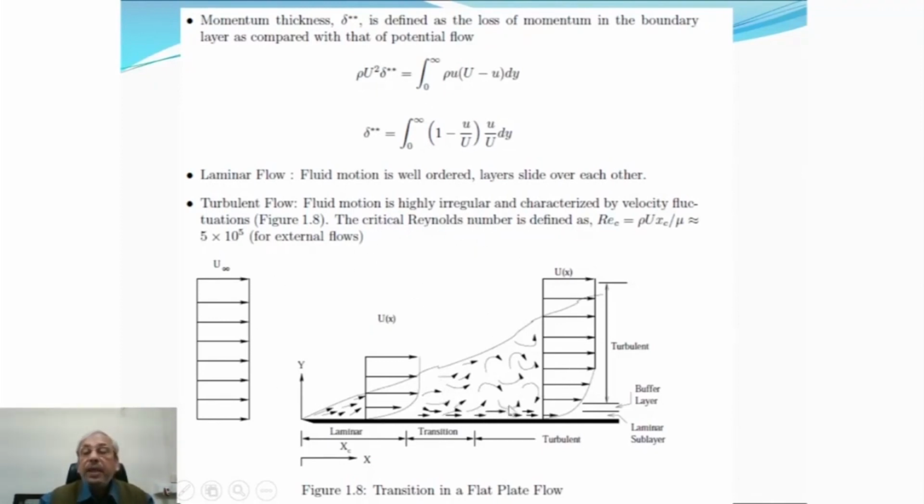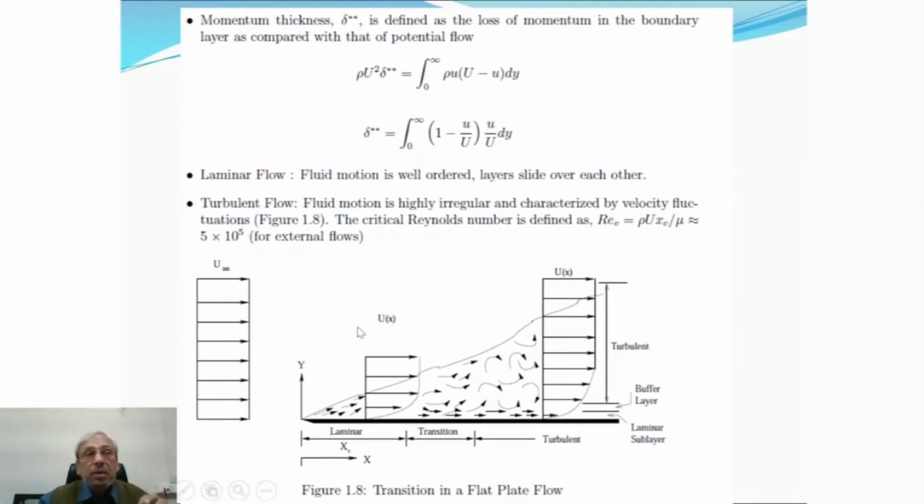For flow over a flat plate, usually when the Reynolds number based on the plate length, the distance from the leading edge, that is rho U x by mu, at a critical distance, we will call it the critical Reynolds number, crosses a value of 5 into 10 to the power 5 for external flows over a flat plate, or external flows in general also we can say.